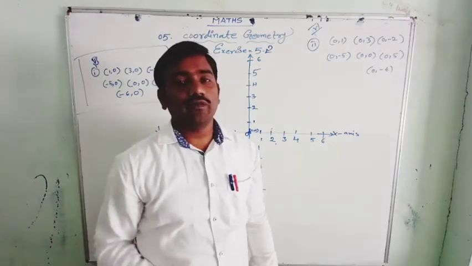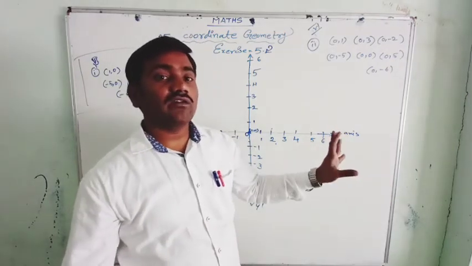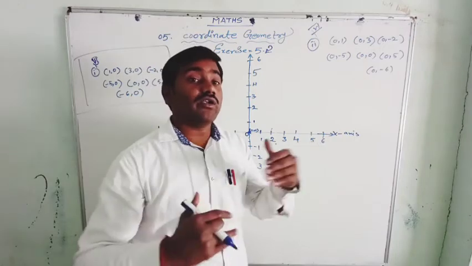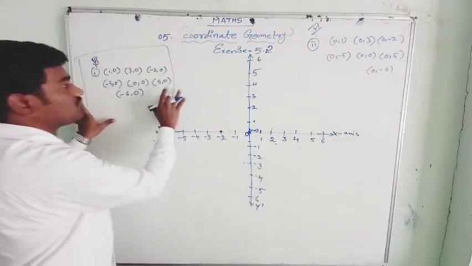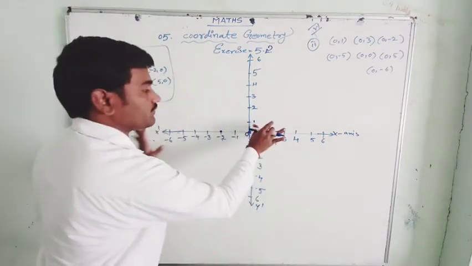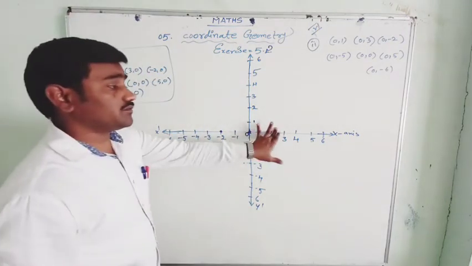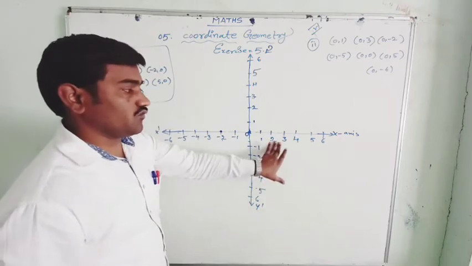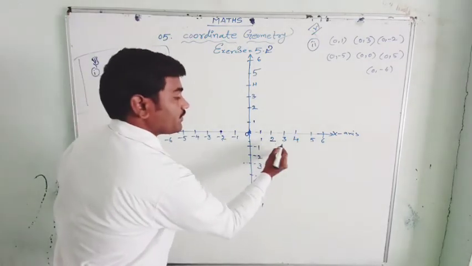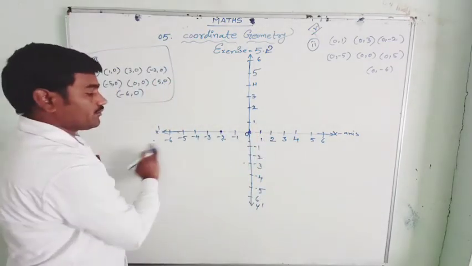What do you observe after plotting these points? We have to say what you observed in the first question. First of all, the first question will be plotted on this graph. We have to take a graph paper and divide it into four quadrants, then solve the problem. Here I don't have a graph paper, so I am doing it on the board to help you understand.